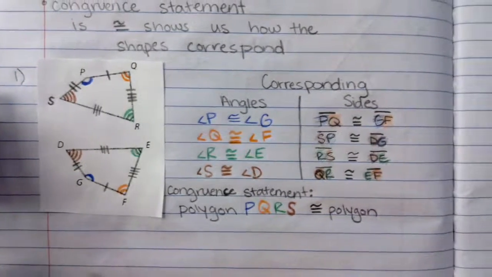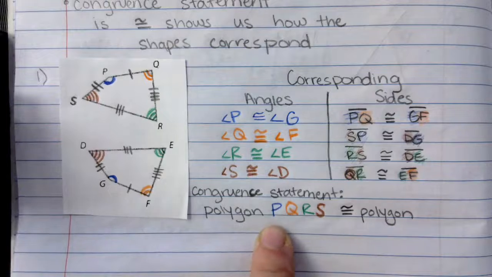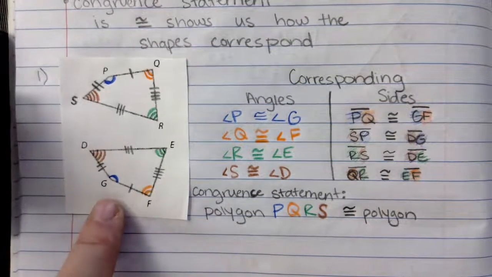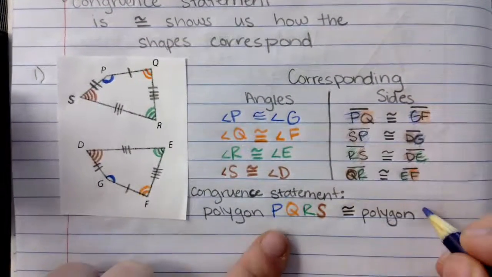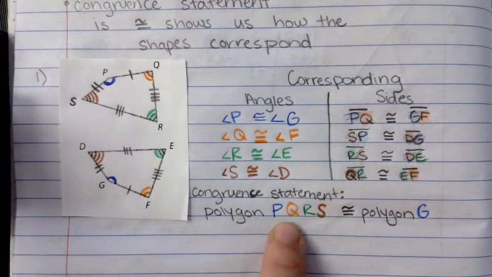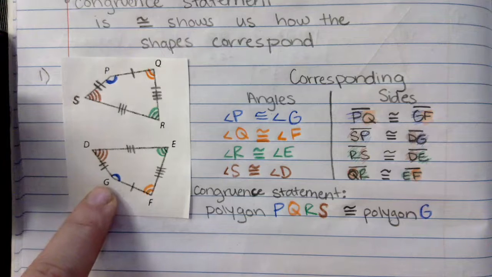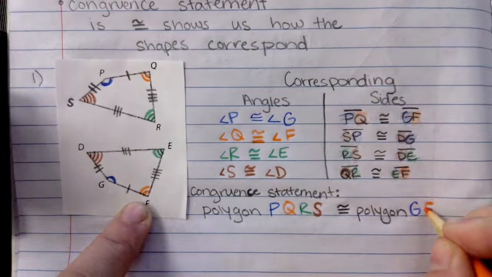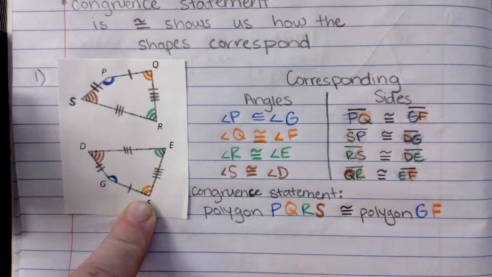So G. Then we went to Q. So we went P to Q. Here we're going to go G to what? F. And then what? G, F, E. And then we'll end at D.